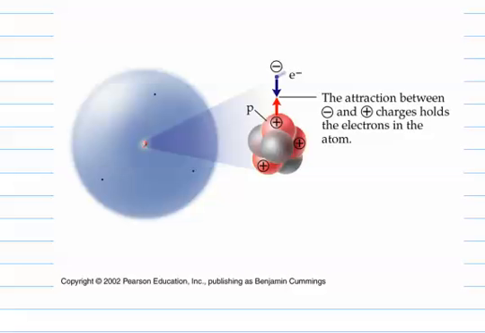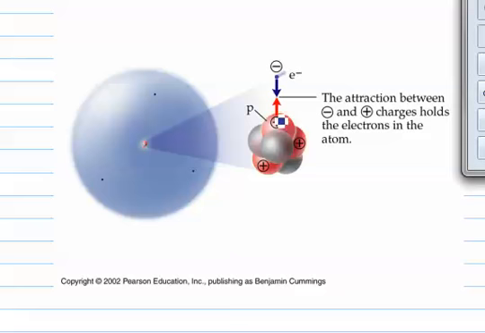Rutherford's model is called the nuclear model because essentially it contains a nucleus. All atoms contain a very tiny, dense nucleus that carries a net positive charge, because it contains those positively charged protons, and most atoms also contain neutrons.